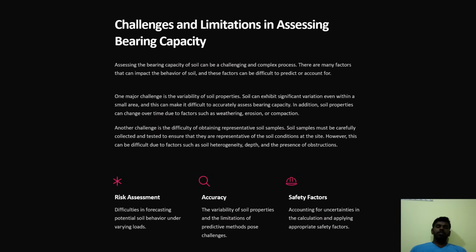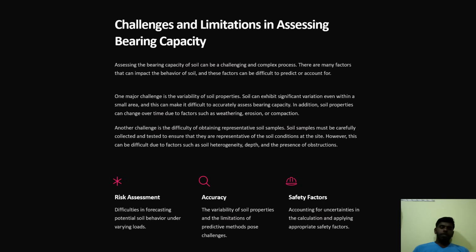Another challenge is the difficulty of obtaining representative soil samples. Soil samples must be carefully collected and tested to ensure that they are representative of the soil conditions at the site. However, that can be difficult due to factors such as soil heterogeneity, depth, and the presence of obstructions.